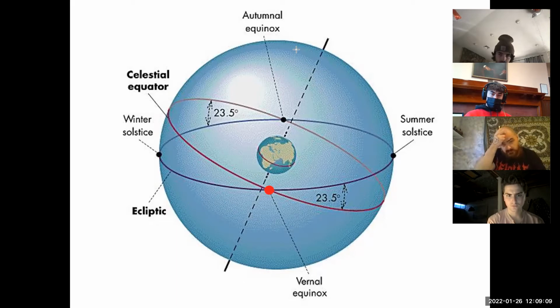Well, we measure right ascension from the vernal equinox, which is the same thing as the spring equinox. Oh, okay. Well, in that case, it would be 0. That's right, because you're on the spring equinox. So yes, it's 0 hours.